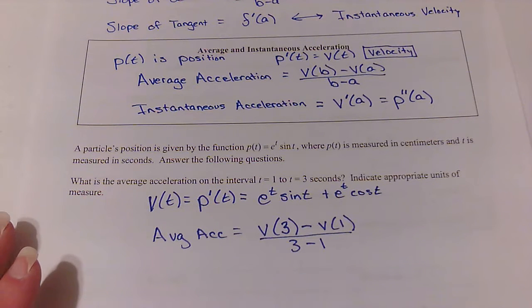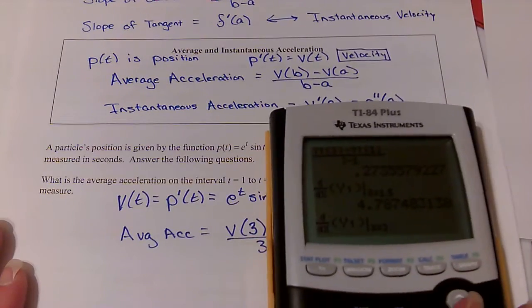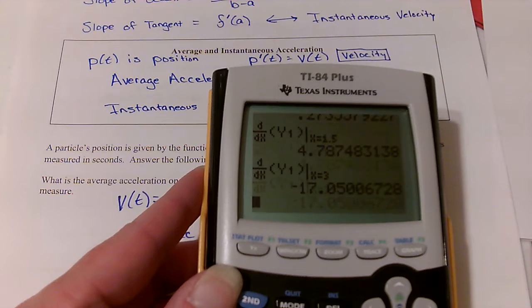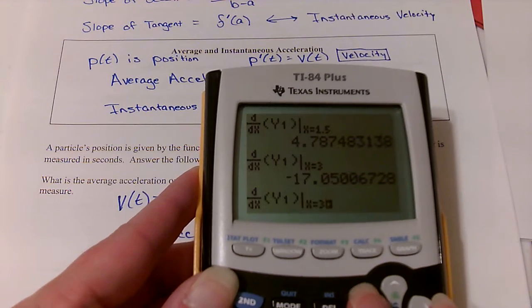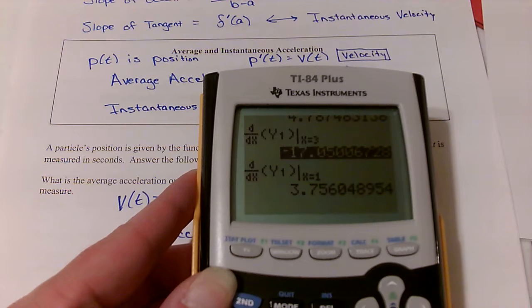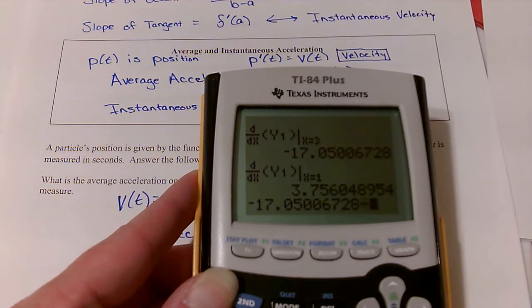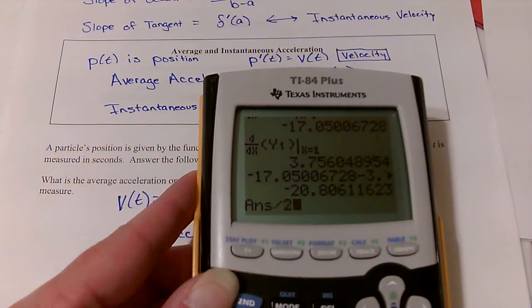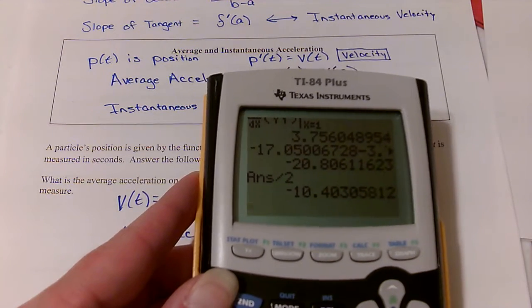If we go to the calculator, I'm going to do the derivative of our position at 3, the derivative of our position at 1, and now take the velocity at 3 minus the velocity at 1 divided by that change in time. And I get negative 10.403.